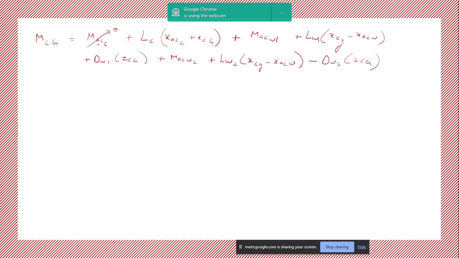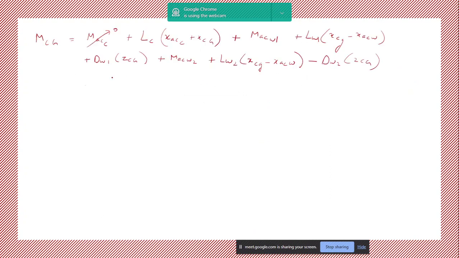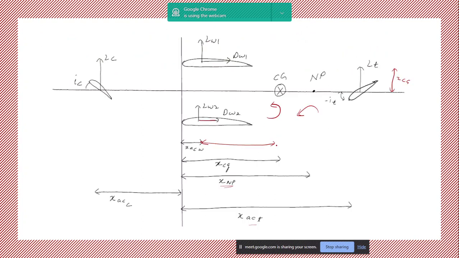Now we move on to tail. Tail again is symmetric, so there won't be an M term. Then you have lift on the tail, which about CG again produces nose down. So you have minus lift on the tail into the moment arm. What is this distance?